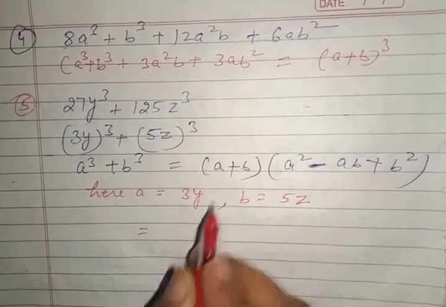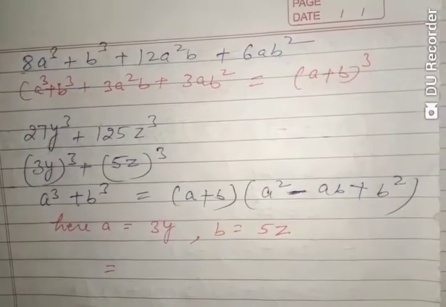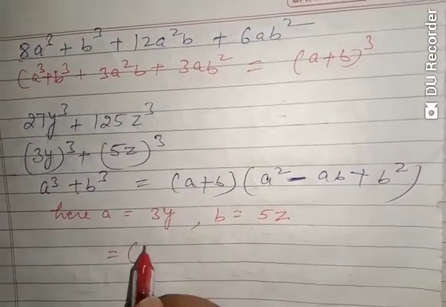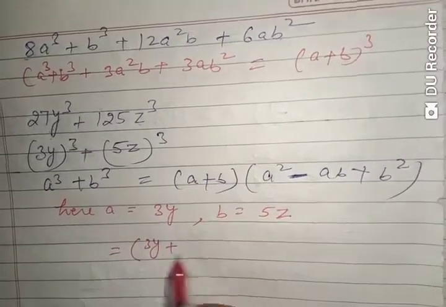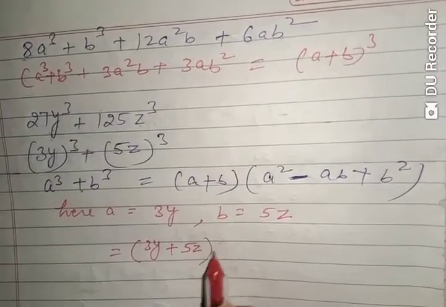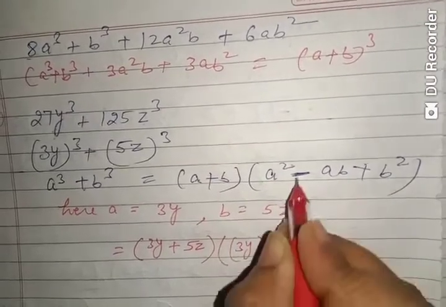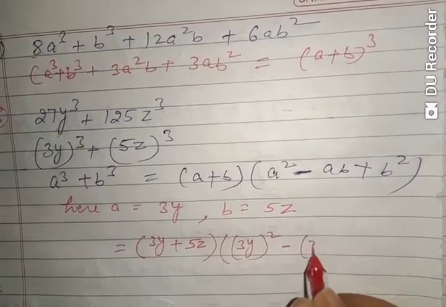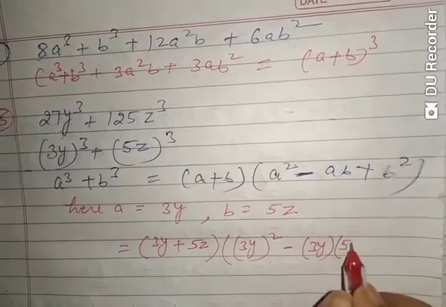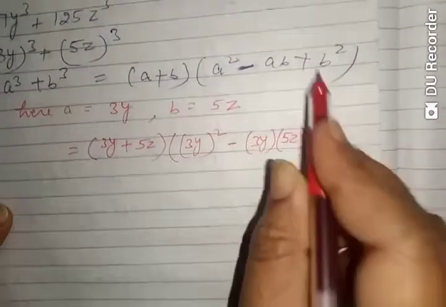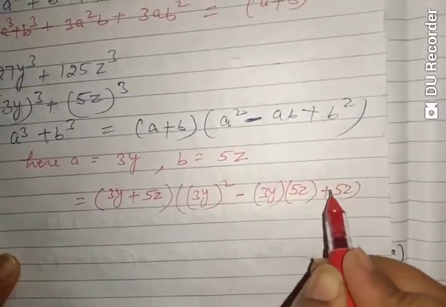Just apply this. Our identity says first bracket a plus b, so 3y plus 5z, bracket close, second bracket a square, so 3y square, minus ab, minus 3y and 5z, bracket, and third is plus b square, which means 5z square.